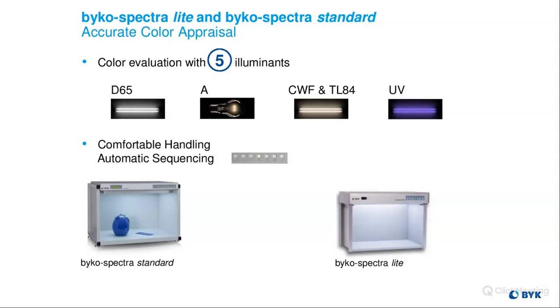So if you wanted to compare samples under all the light sources, you could turn it on and program, say, you wanted D65 on for 10 seconds and then to switch automatically over to tungsten light, keep that on for 10 seconds and then switch to fluorescent light and so on. So you can set it up so you don't have to take your eyes off the sample and press the buttons. You can just stare at the sample and the light will change automatically. So it's a very nice feature.